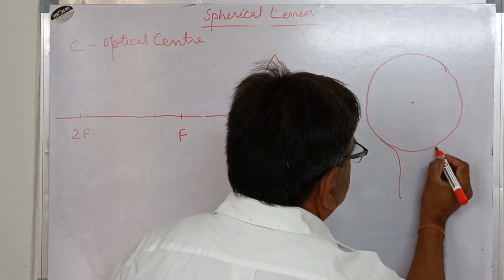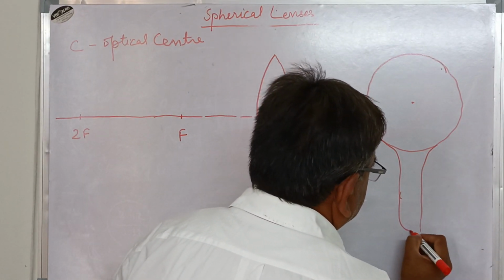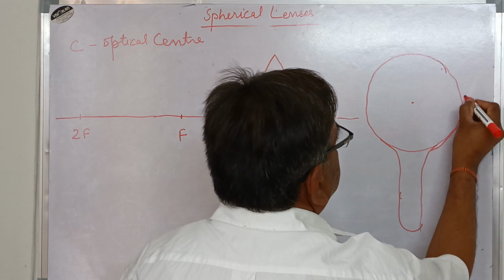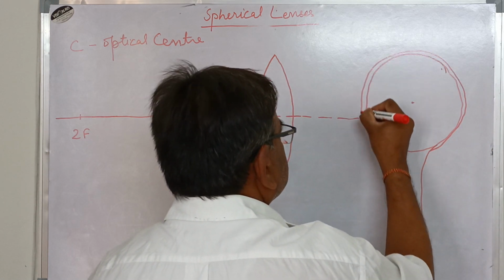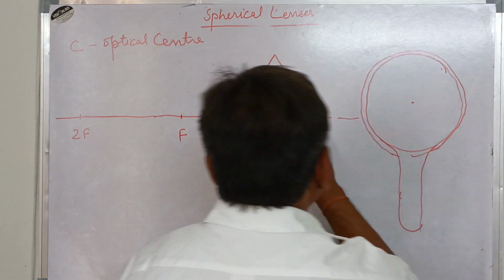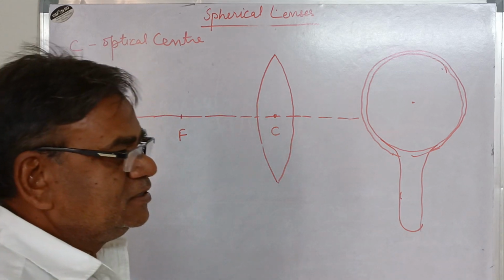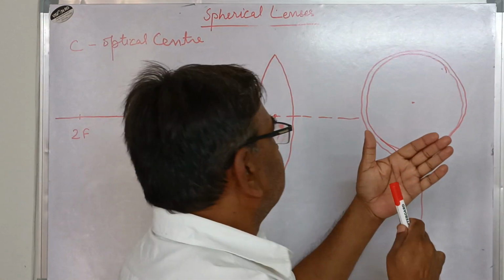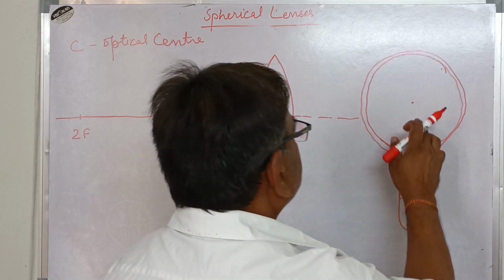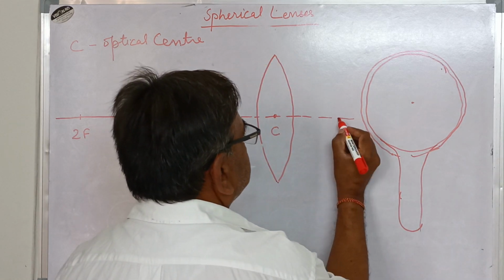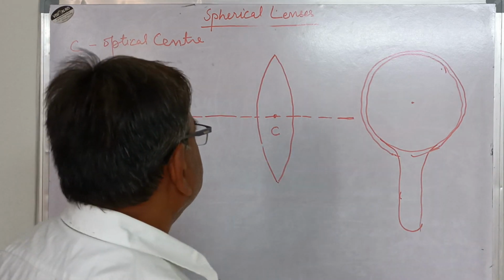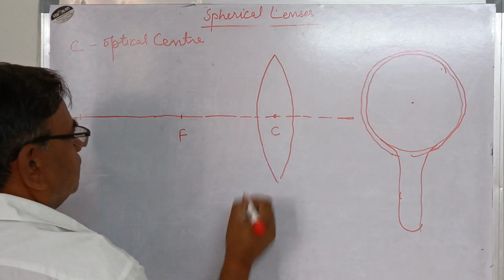The lens is fitted in the frame, and they use it in this way to read the lines of the palm. So palmistry people use this. So this is the convex lens.